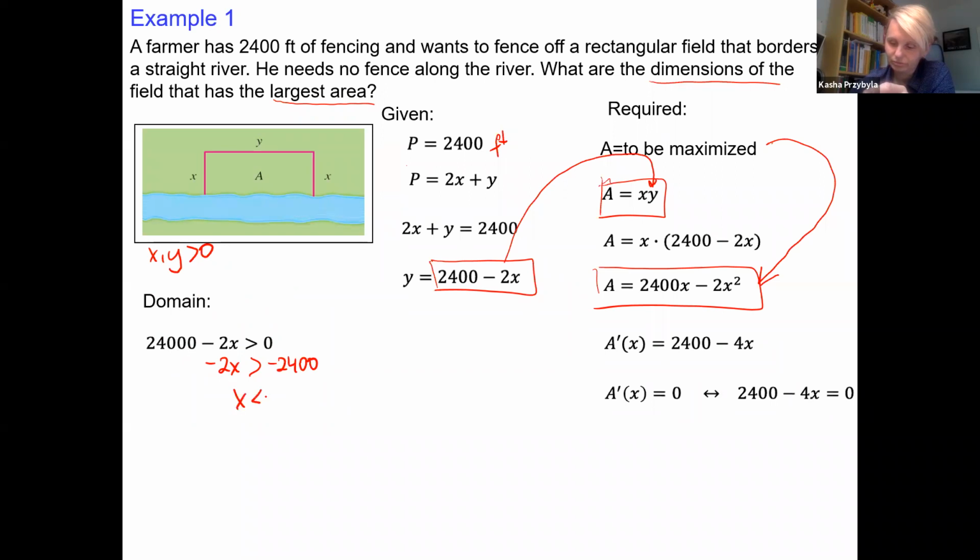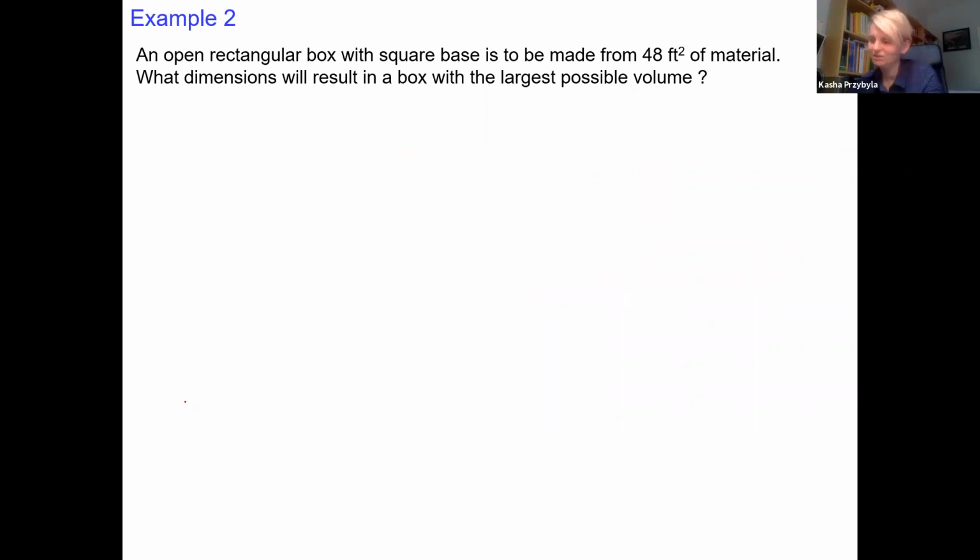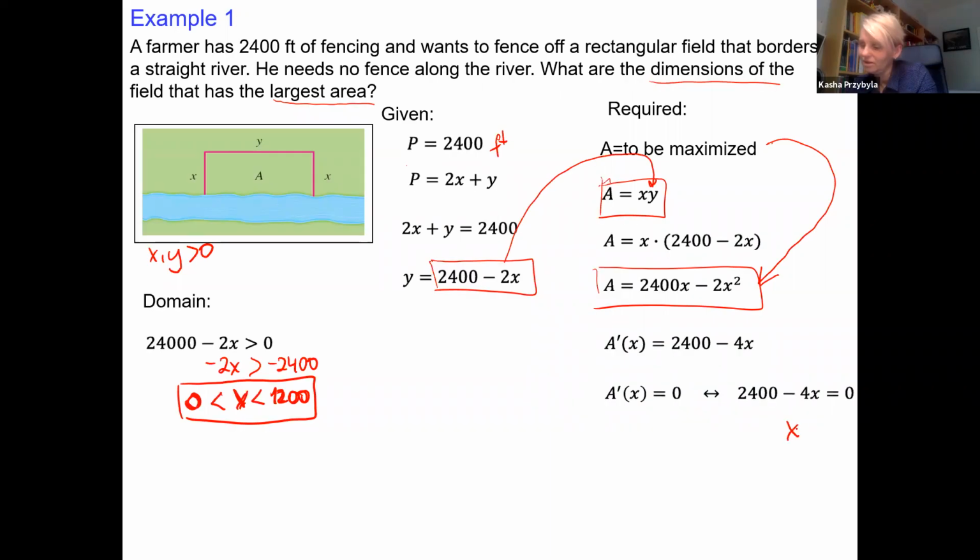X equals 600, because 2,400 divided by 4 is 600. That means 600 is definitely in the domain, perfect.